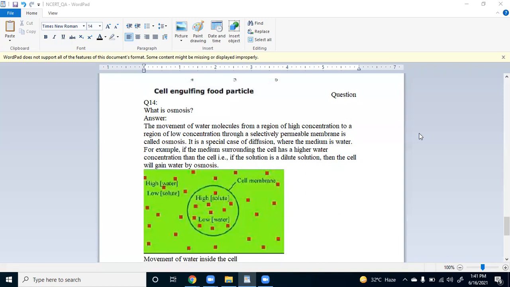You can also say that it is a special case of diffusion. Why a special case? Because in osmosis the medium is always water. So it is the movement of water from a region of higher concentration to a region of lower concentration.